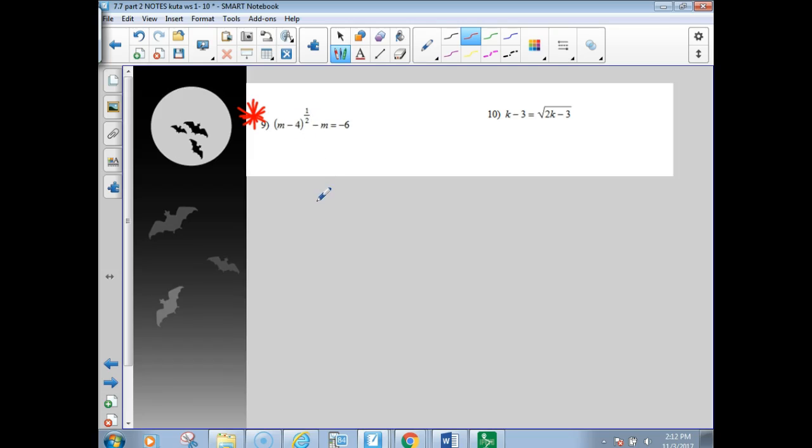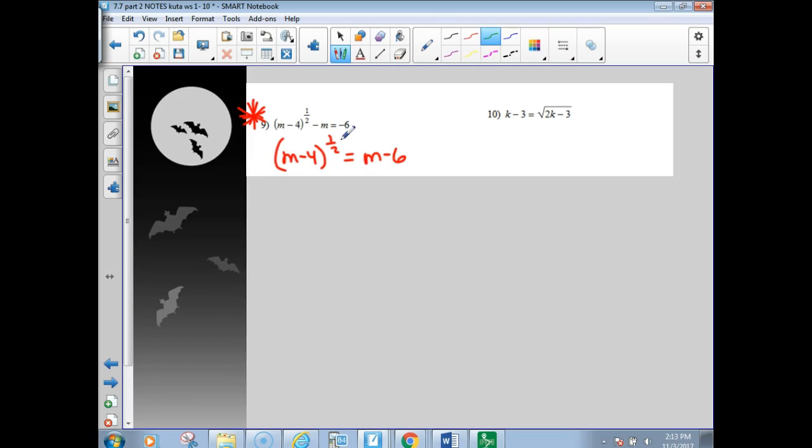I said we would isolate the radical or isolate the absolute value. All right, so we want to isolate this. This is the square root. It's a radical. Square root of M minus 4 means the square root of that thing. Okay, so adding M is the correct thing to do. You're correct there, Haley. All right, so adding M, I'm going to put it in front, M minus 6.